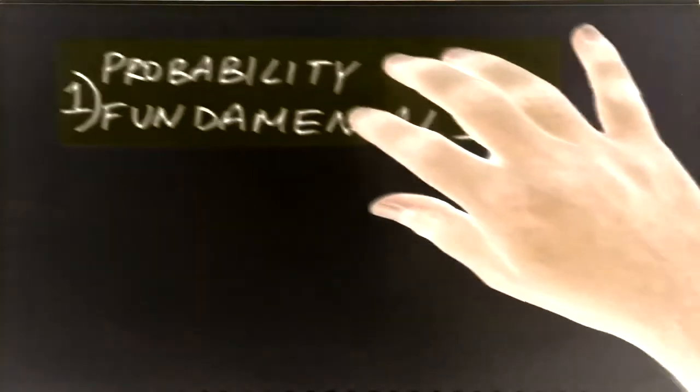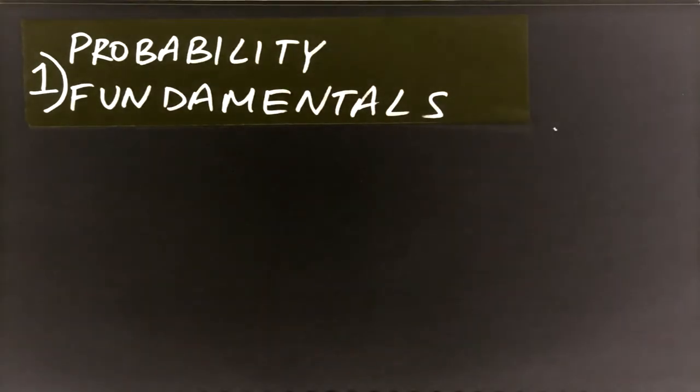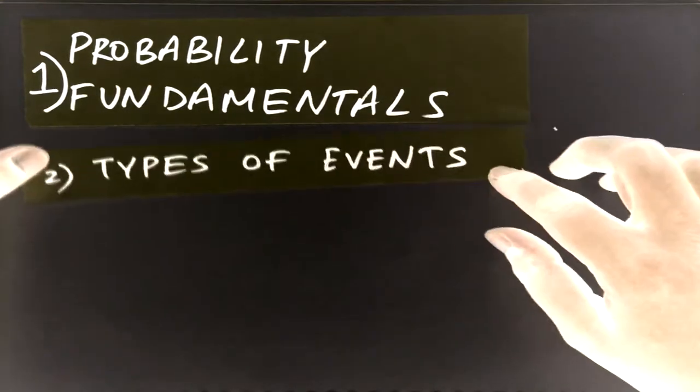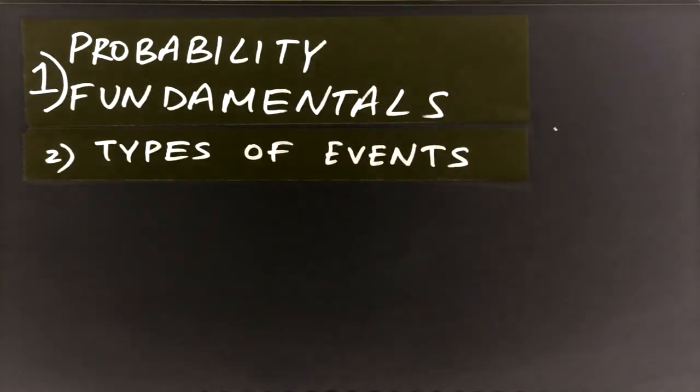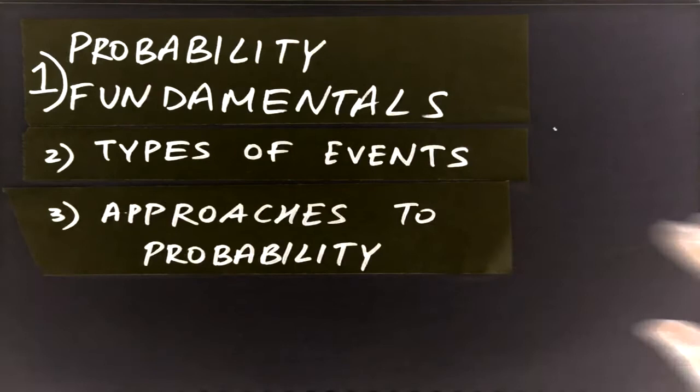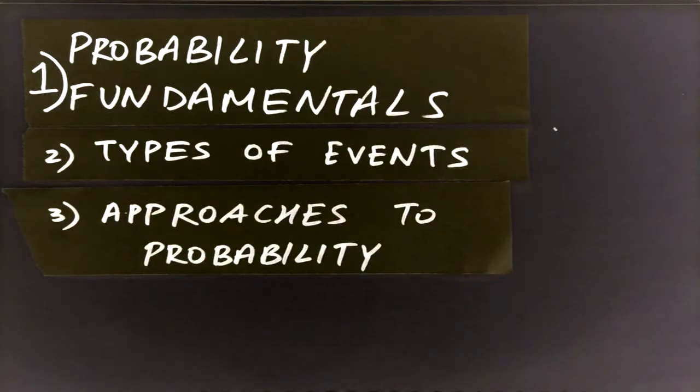The summary of today's lecture is, firstly we did the probability fundamentals, we understood different terms like sample space and event. Then the second topic that we covered was types of events, and after that we came to approaches to probability, the classical and frequency ones.